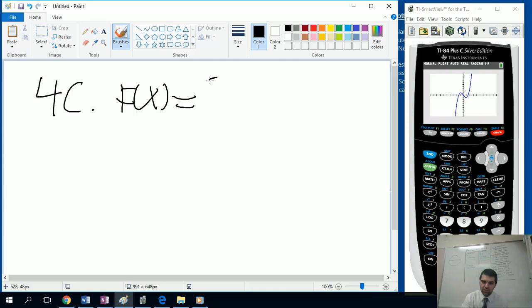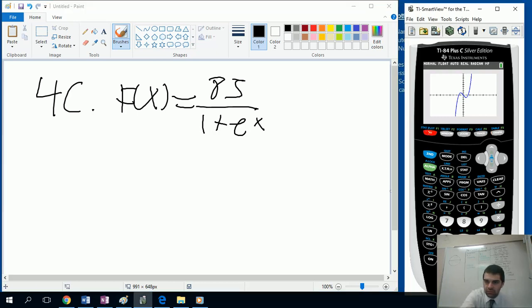f of x is equal to 85 over 1 plus e to the x. So let's put that into your calculator. 1 plus 3e to the x.